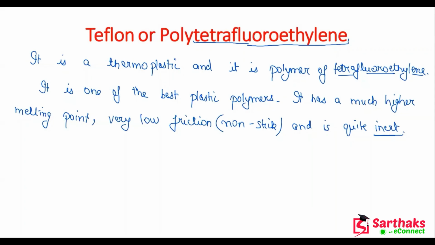The monomer unit we are talking about, tetrafluoroethylene, is CF2, and as it is ethylene, there will be a double bond, CF2 double bond CF2. This is called tetrafluoroethylene. And we are going to talk about the uses of Teflon.